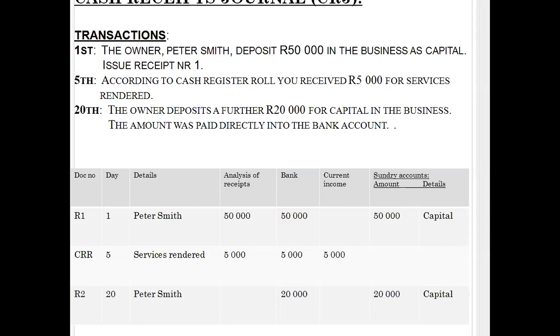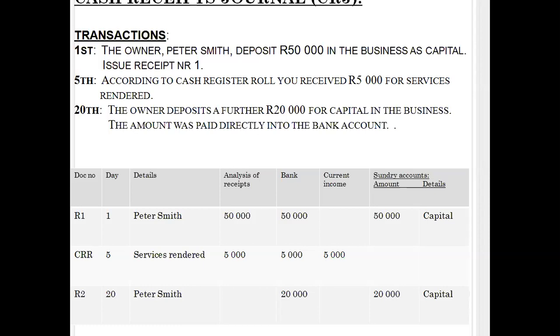Now, what do I want to do? I want to compare the transaction on the 1st and the 20th with each other. Okay, so look at those two, the 1st and the 20th. On the 1st and the 20th, both are capital transactions. What is the difference except the amount?